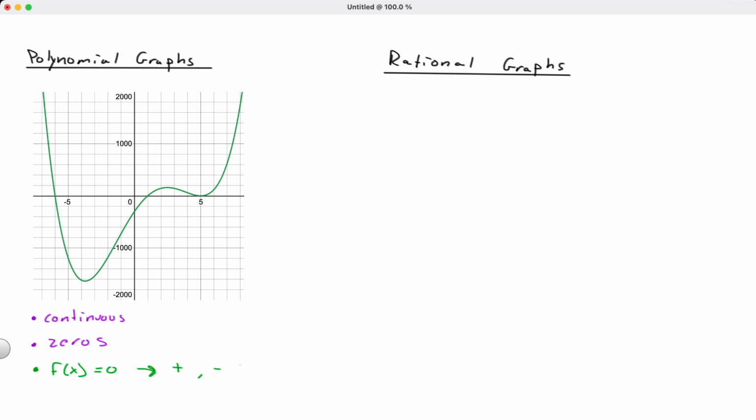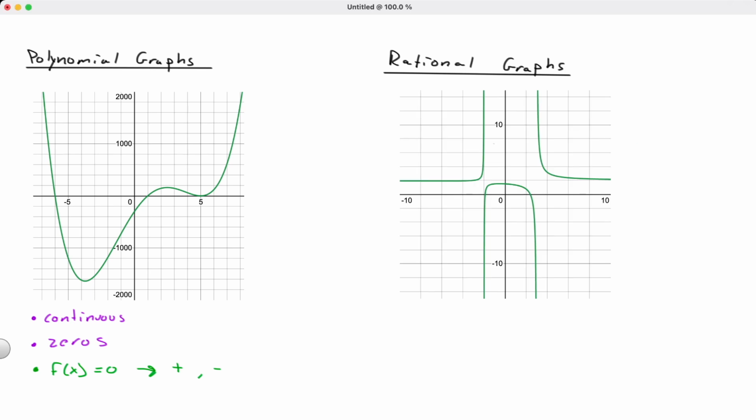And using that as sort of an anchor, we're going to be able to solve a variety of inequalities this way. And rational functions are not so different. Yes, we have some different features like a vertical asymptote, and these functions are not continuous, right? We can't draw a line through here and then come to here without picking up our pen.